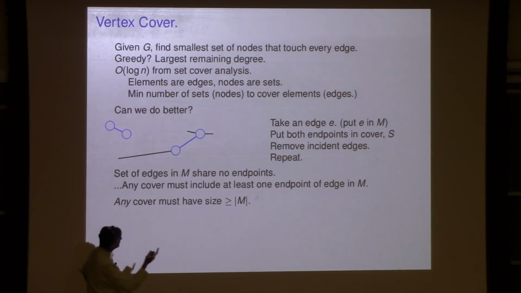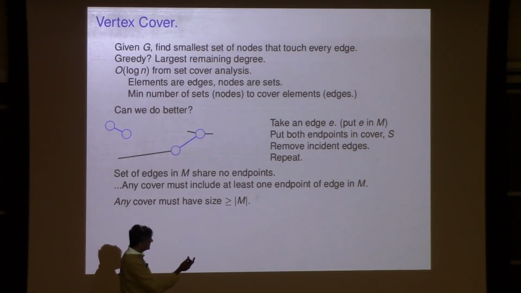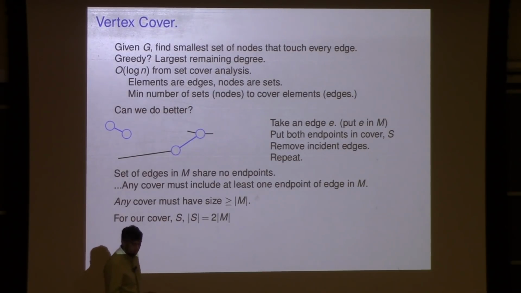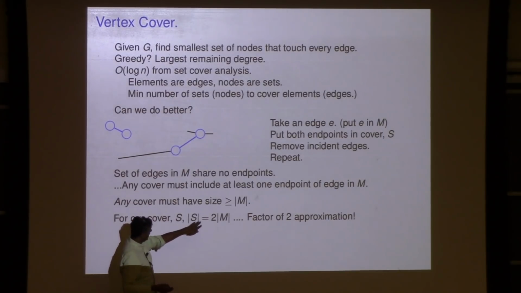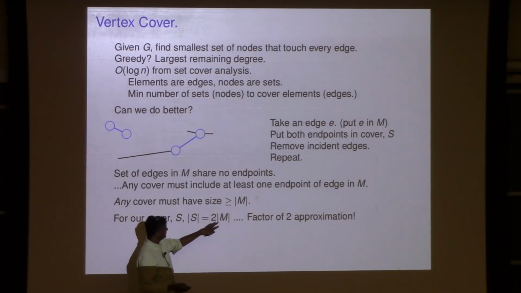Well, S has 2 vertices for each edge in M. So our cover has size 2 times M. Any solution has to be at least M. So we're within a factor of 2 of optimal.